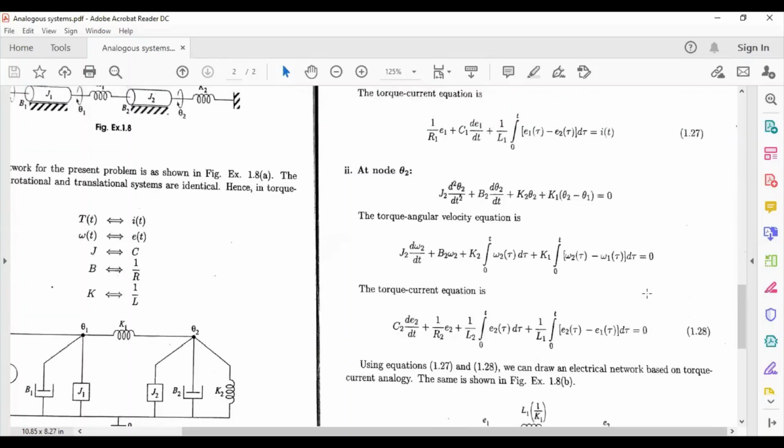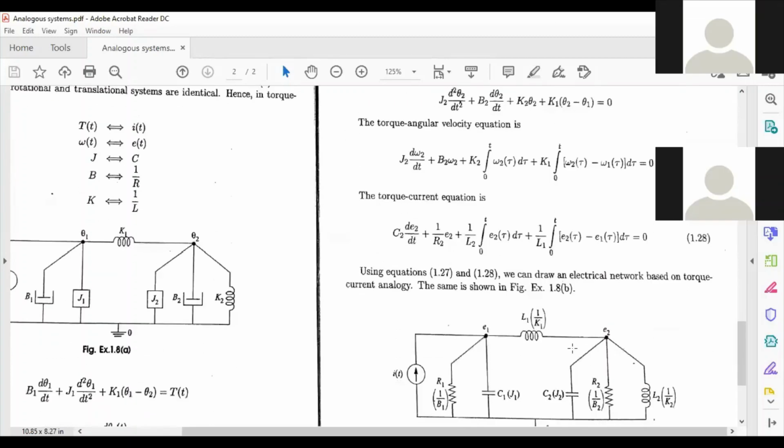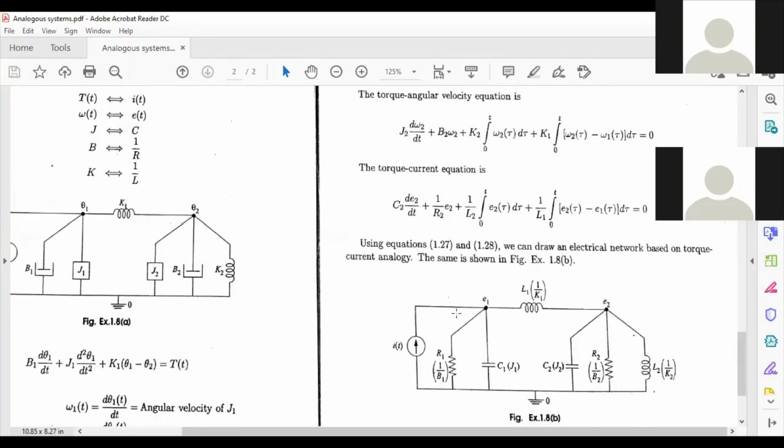Once you compare both the electrical equations, 1.27 and 1.28, you can make out the conclusion easily again. R1 and C1 are independent, whereas L1 is common between two nodes. Similarly, C2, R2, L2 are independent with respect to the second node, and you will have L1 which is common between the second and first node.